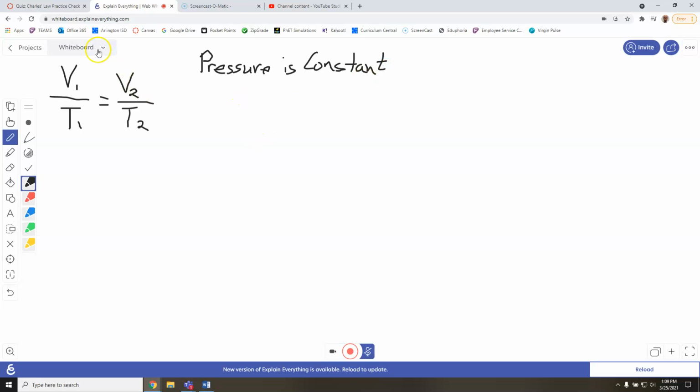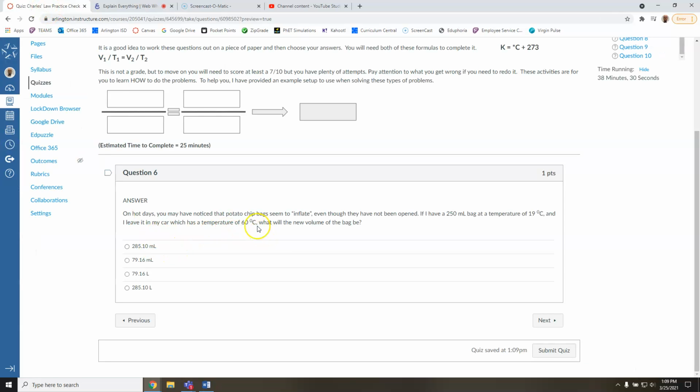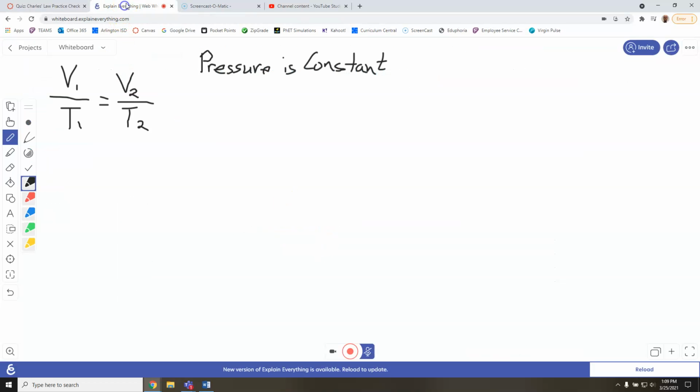All right. Let's find out what we're solving for. It gives us the initial volume of the bag, and it gives us an initial temperature, and then it changes to this temperature, which will be the final temperature, and it wants to know the new volume. So we're solving for V2.